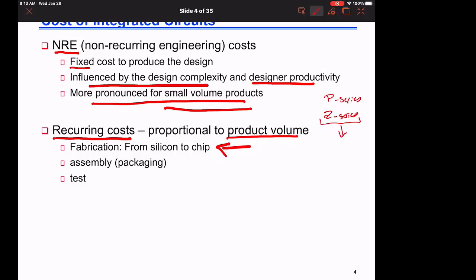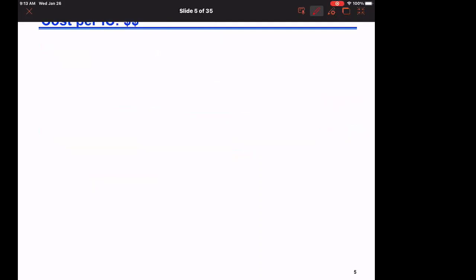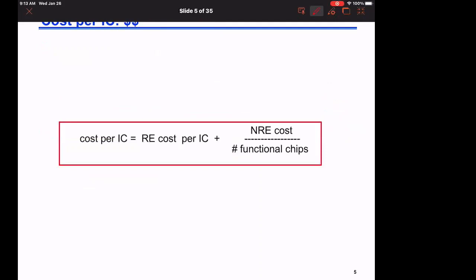And it is fabricated, we'll talk about fabrication in other lectures. It has to be assembled, packaged, and it has to be tested. And a bad chip will be thrown away. So these are the costs of the integrated circuits.